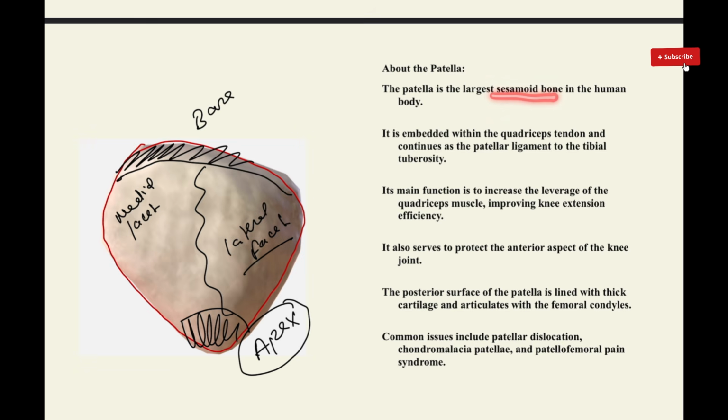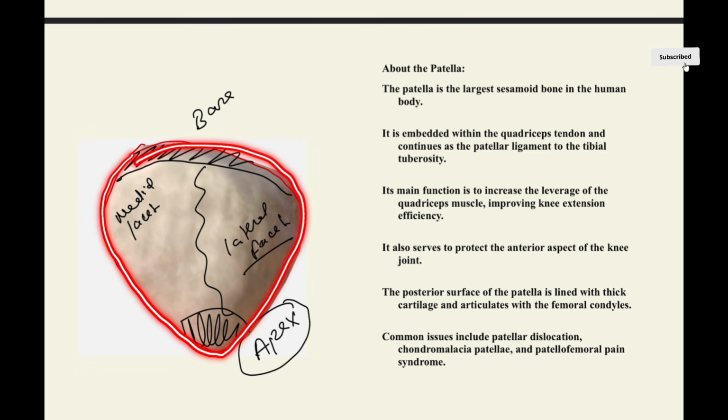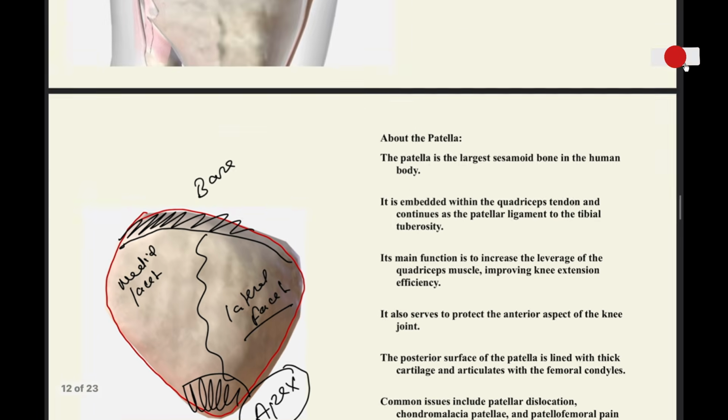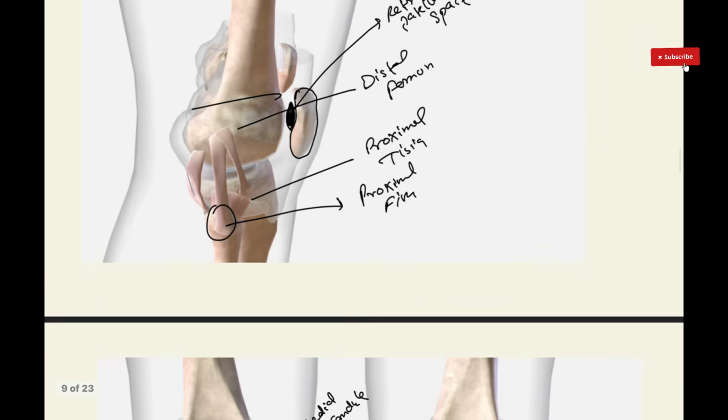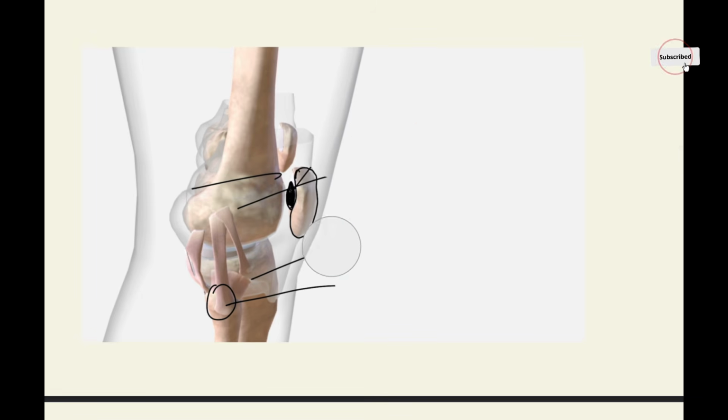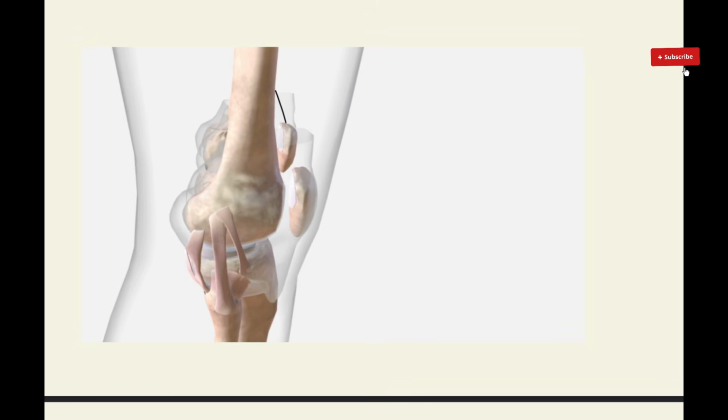So what is a sesamoid bone? A sesamoid bone is a kind of bone that gives attachment or the origin for different kinds of tendons. If you look carefully at the knee joint in this image, you will notice here the quadriceps tendon, and this is your patellar tendon.